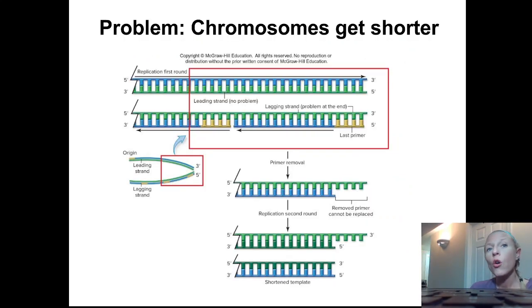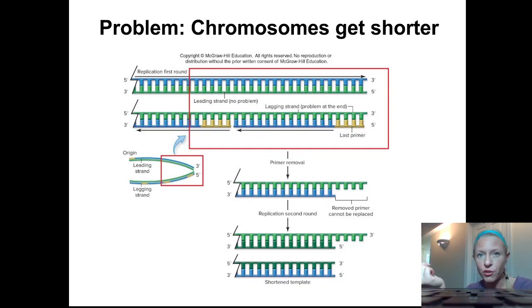Over time, as we replicate, we run into a problem in that our chromosomes actually get shorter over time. And this isn't necessarily good. You can think of it like the end of a shoelace that has the plastic around the end, and that plastic over time starts to chip away, and the end of your shoelace starts to come out and fray.